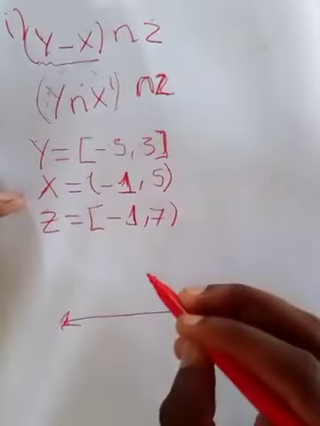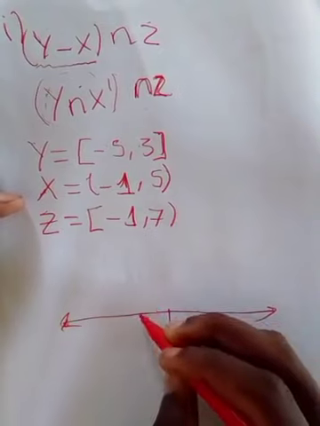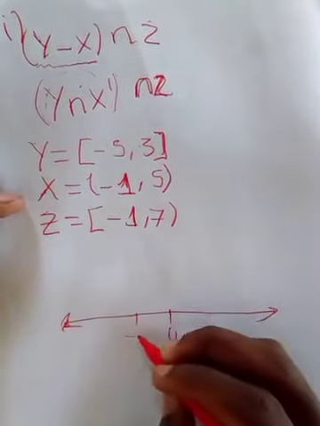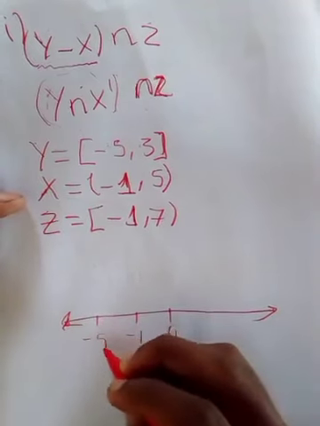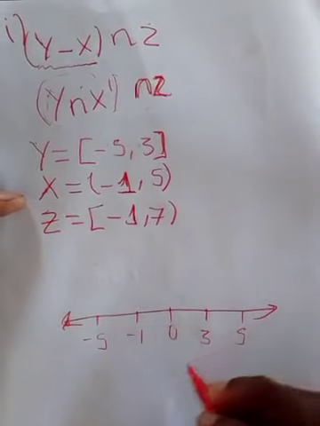First write 0, check your y. Here you're going to have negative 1, negative 5, and on the positive part you're going to have 3 there, 5 there.